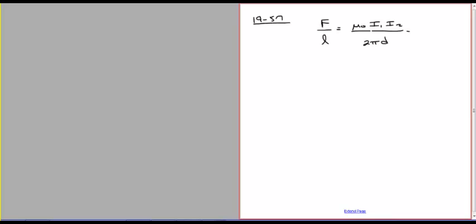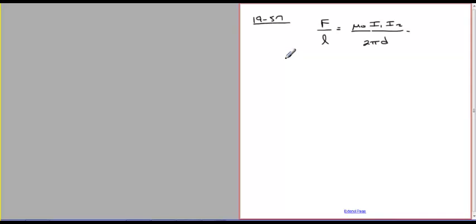So what happens in this situation is one wire creates a magnetic field, and the second one has the current flowing through that magnetic field, and the opposite happens in the other direction. The other wire also creates a magnetic field, and the first wire is going through that magnetic field.